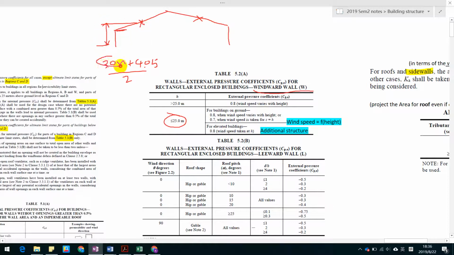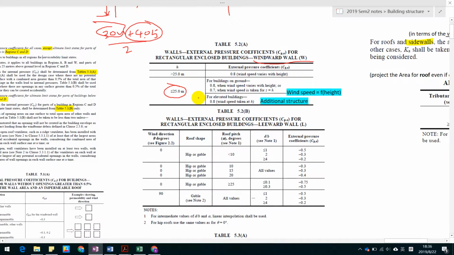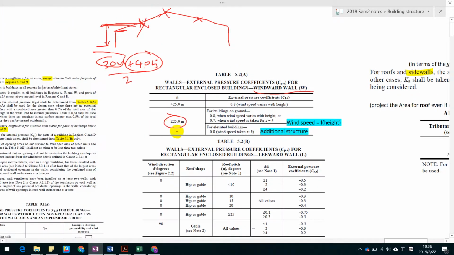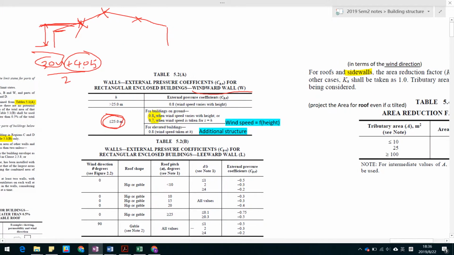This is the 3 point something, and the height of this is 4 point something, so that they sum up as the average. And it was calculated as smaller than 25 meters. And also, this structure is sitting on an infrastructure here. That's why we call it an elevated building. That's why we choose 0.8.